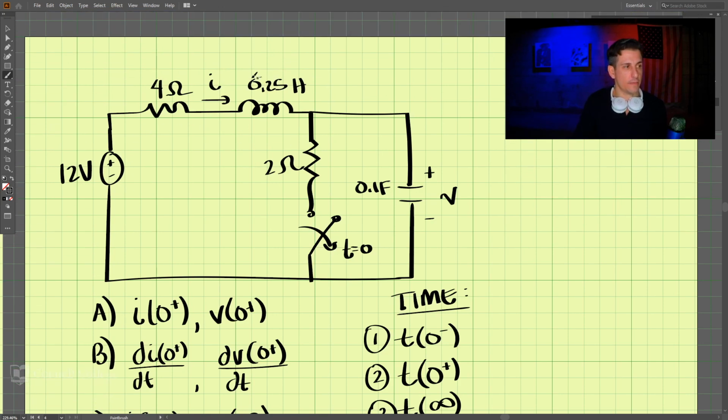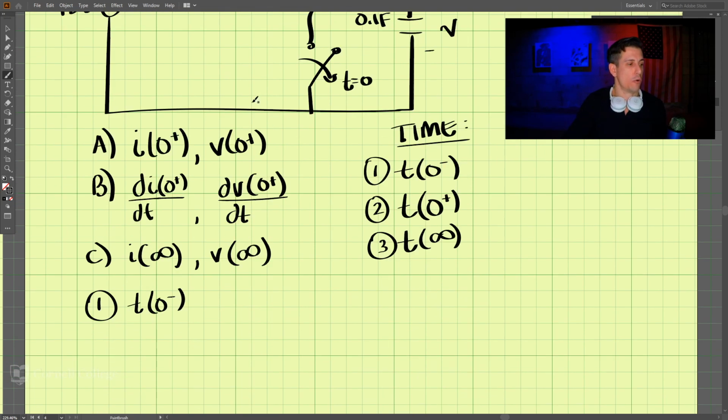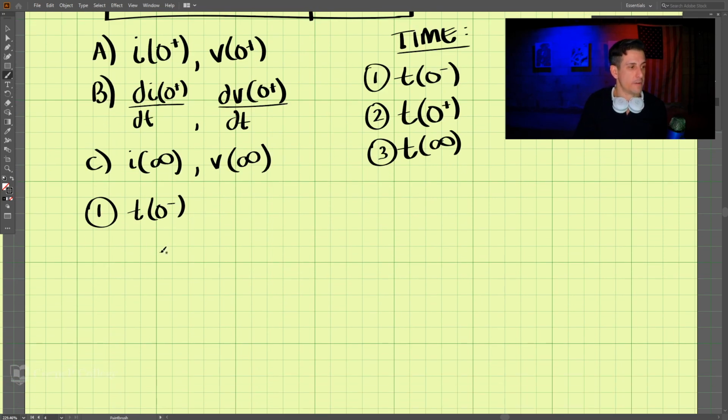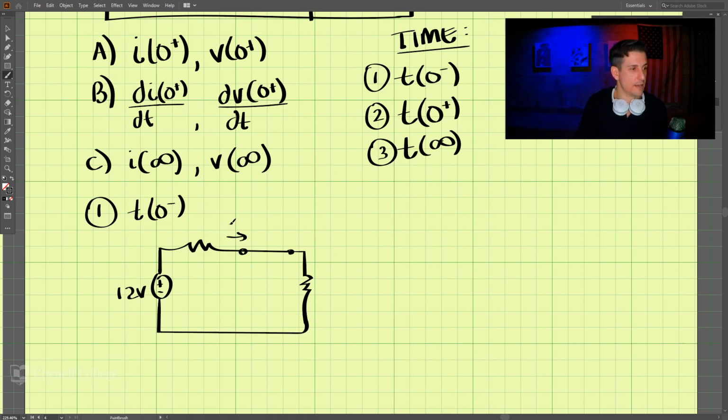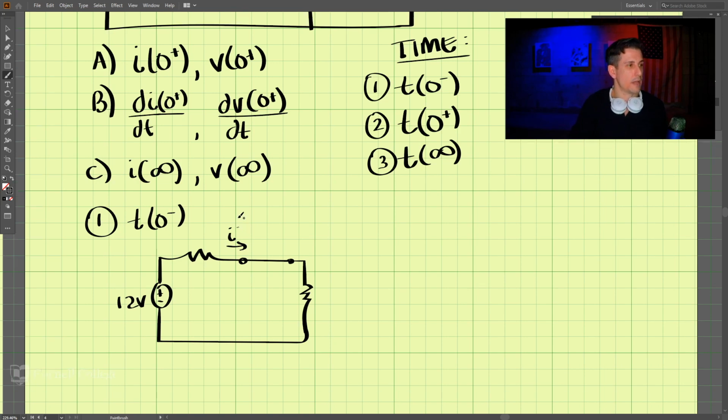In addition, the inductor here is acting like a short circuit. So what we have is 12 volts, and then we have our resistor, and then our inductor is a short circuit, and all of our current is coming down this way. So we have I here.